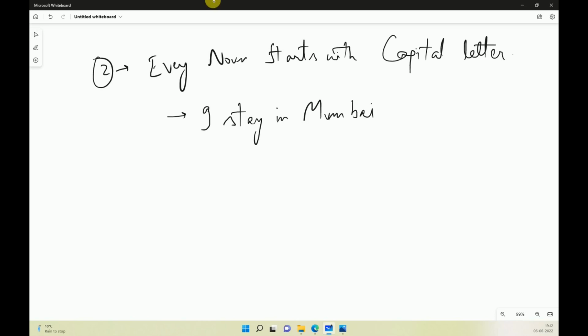So you probably have noticed that Mumbai automatically becomes bigger. I mean that M becomes uppercase, right? However, if I say I stay in city, right? So here this city, this C is still small, right?